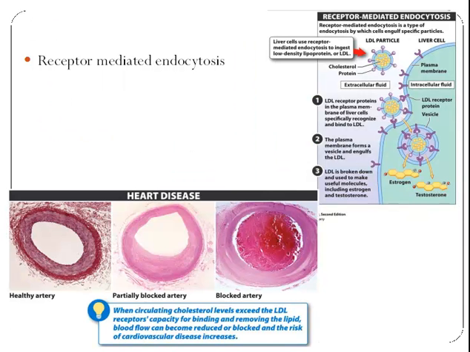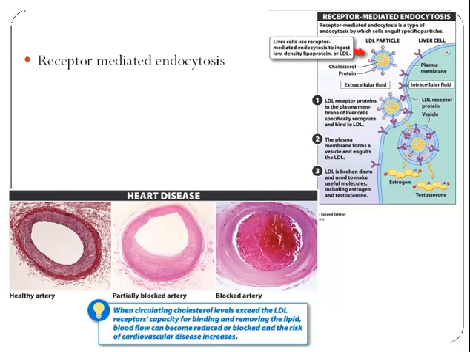There's also receptor-mediated endocytosis, where specific receptors on the cell surface and on the molecule to be engulfed will communicate. So this happens to make sure that your low-density lipoprotein goes to the correct location.